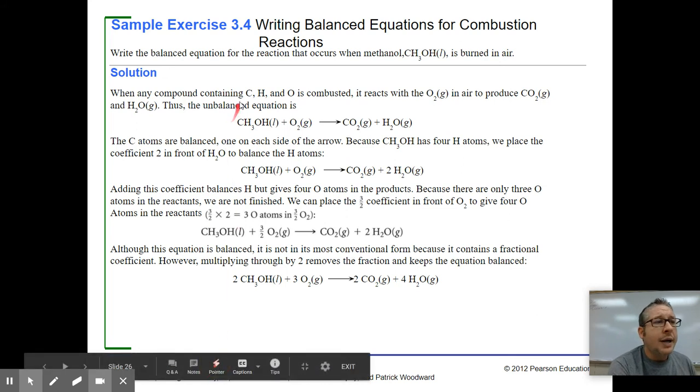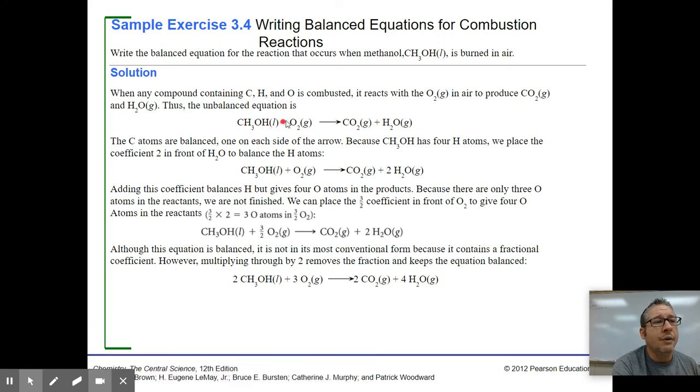Follow along with me here. So you write your methanol formula here, reacting with O2 in the air. Again, always producing CO2 and H2O. And then you simply just begin to balance it.